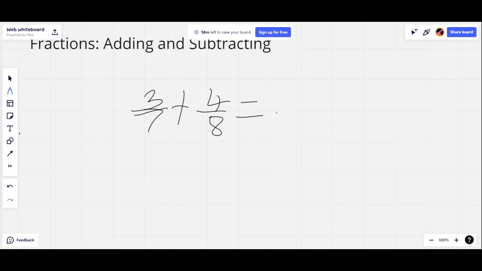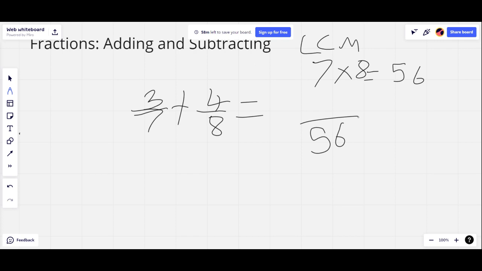So when you've got this kind of question, where the denominators are different, you have to find the LCM, which is the lowest common multiple. What you could do is 7 times 8 equals 56 if you really don't know what the LCM is.